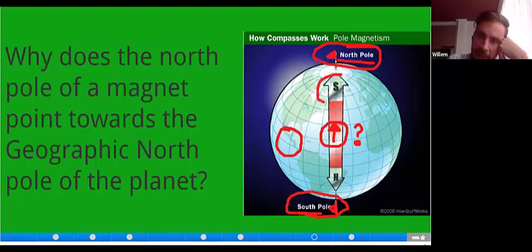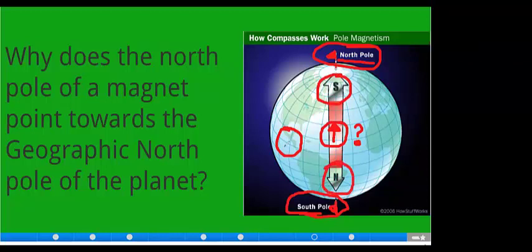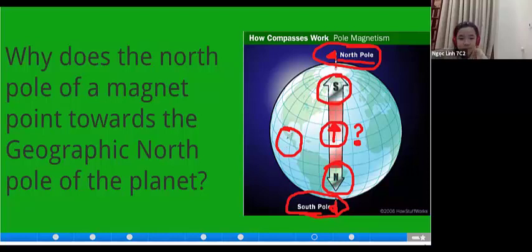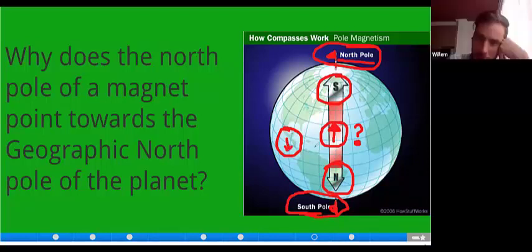But this is the magnetic South Pole of the planet, and this is the magnetic North Pole of the planet. Okay. So if I put a compass over here, where is it going to point? Is it going to point to the South Pole, or is it going to point to the North Pole?